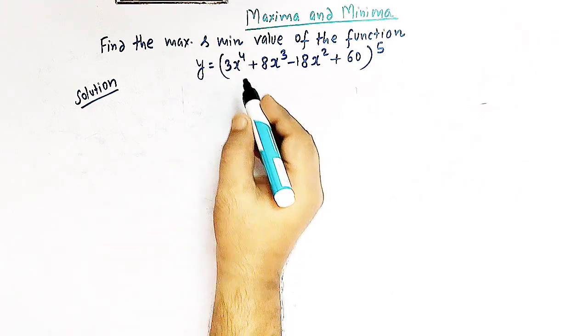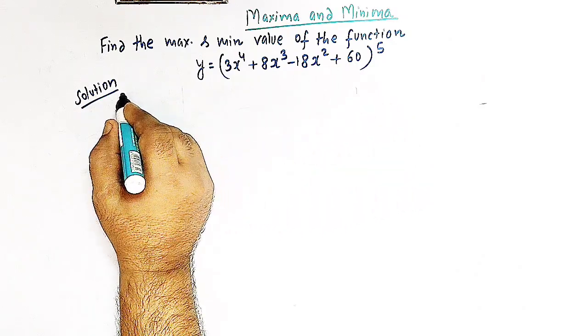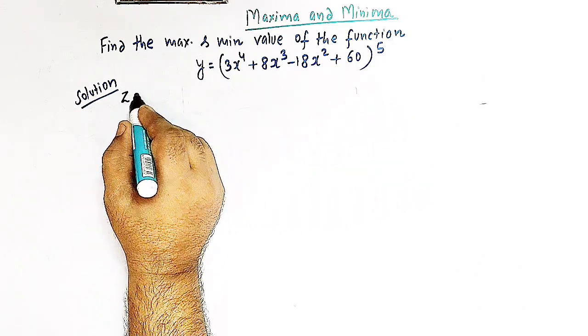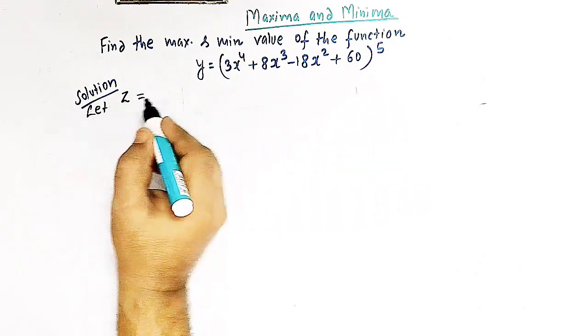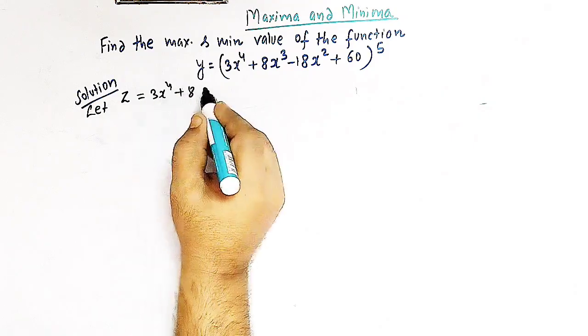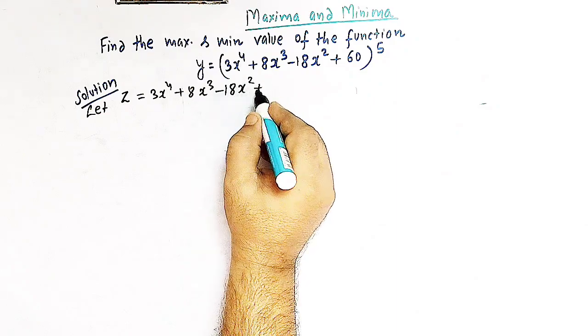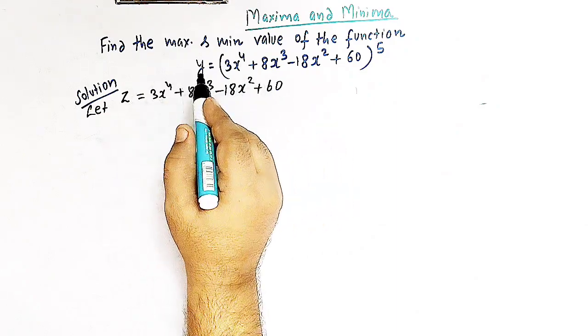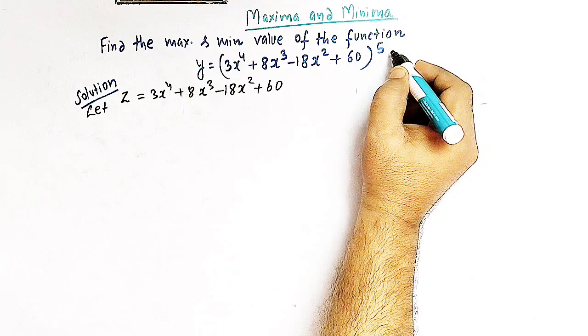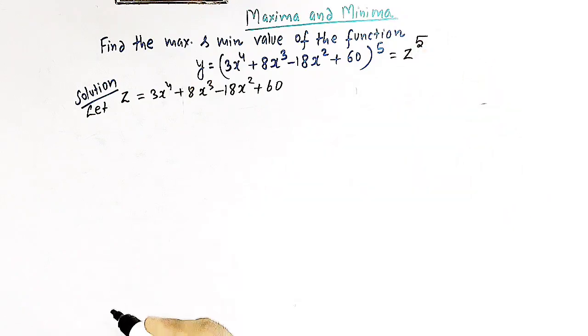So here let us first assume this polynomial as a function, say z. So we'll take z is equal to 3x^4 + 8x^3 - 18x^2 + 60. Then this function y takes the form z raised to 5, right?